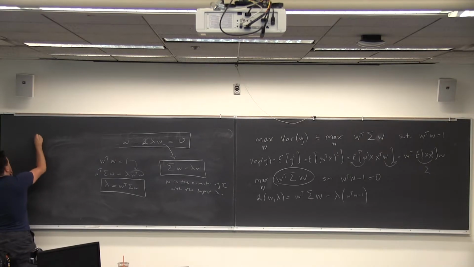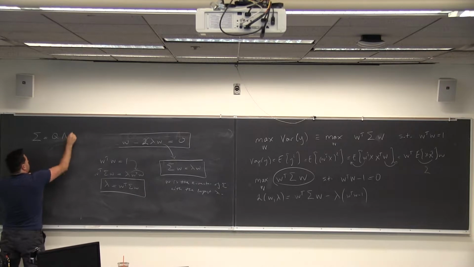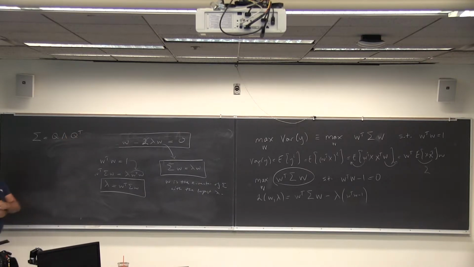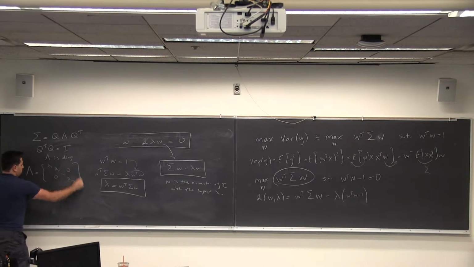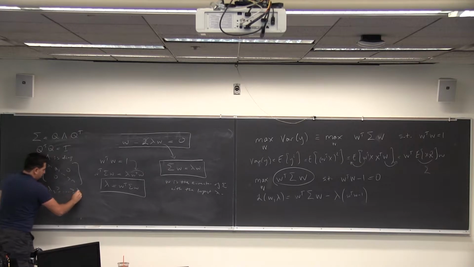Let's say sigma can be decomposed into its eigenvectors and eigenvalues like this, where Q is orthogonal, lambda is diagonal. And suppose this lambda has eigenvalues sorted such that lambda 1 is largest, lambda 2 is the second largest, and so on.